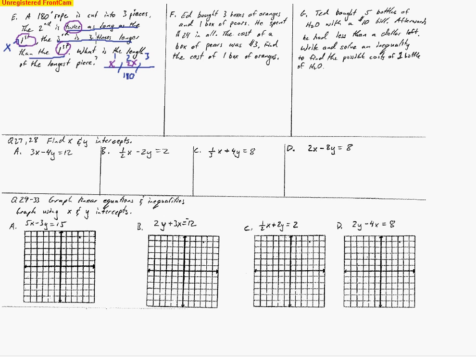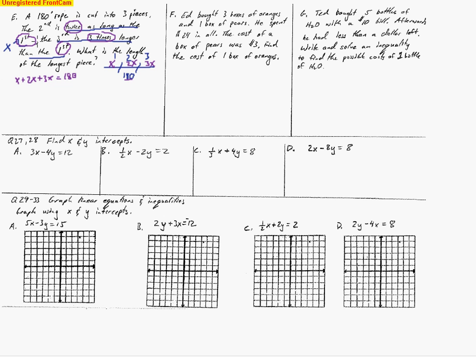The third piece is 3 times, so that's going to be 3x. The total was 180 feet, so we're ready to set up our equation. We'll have x plus 2x plus 3x. Those are the lengths of each of those pieces. So we added them together, and they equal the length prior to it being cut, 180 feet.